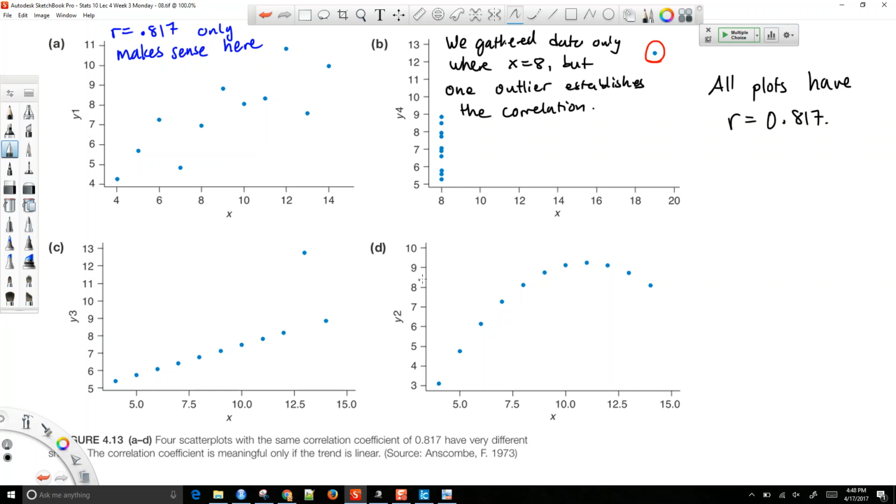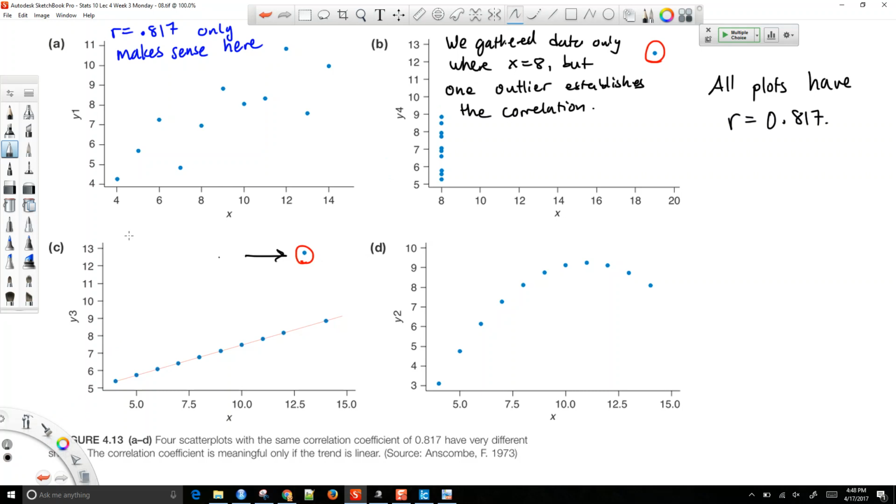Okay, right here, we have a similar but different problem. It seems like all of our data line up perfectly along this line. But we have one data point right here. So what's going on here is you should investigate this point.